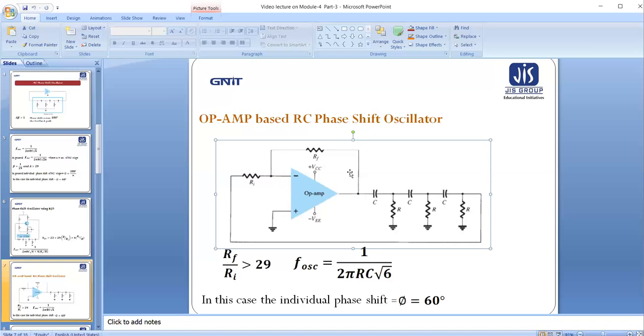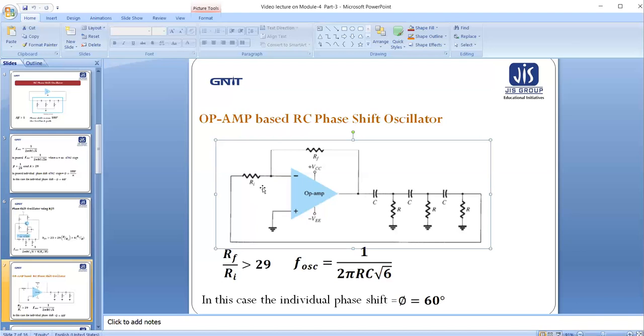How fantastic is that? And the op-amp gain is minus RF by R1; taking the modulus value of the gain, it is RF by R1. As we know, for this RC phase shift network, A beta must be kept greater than 1.